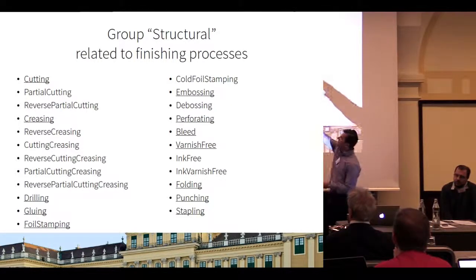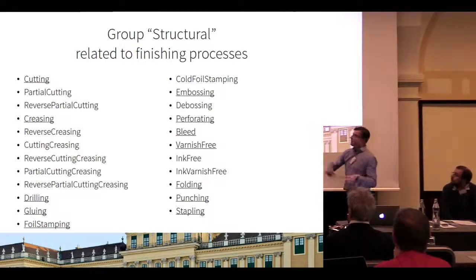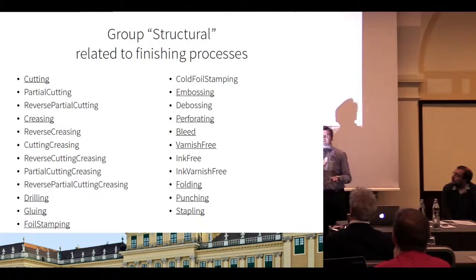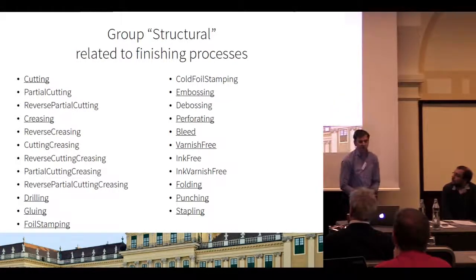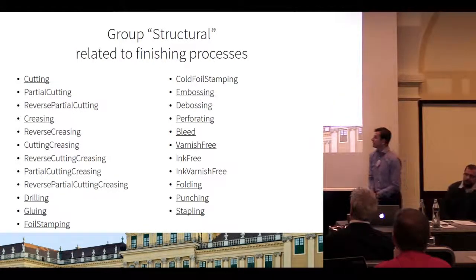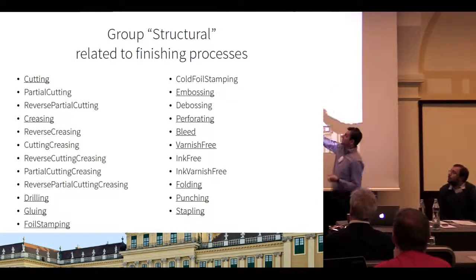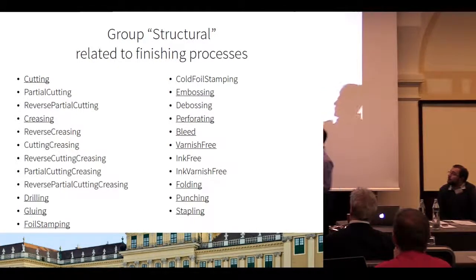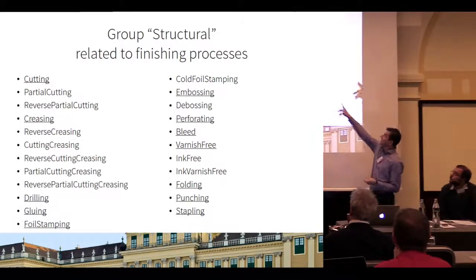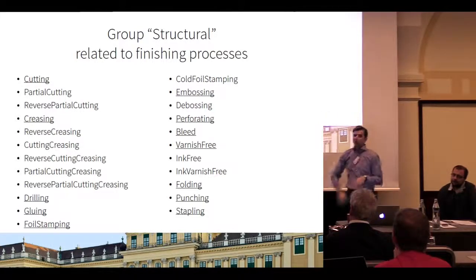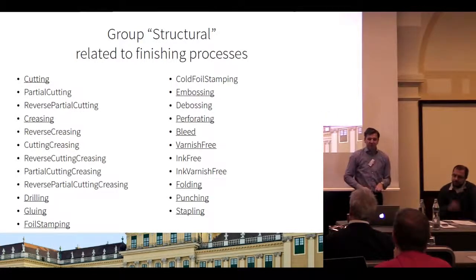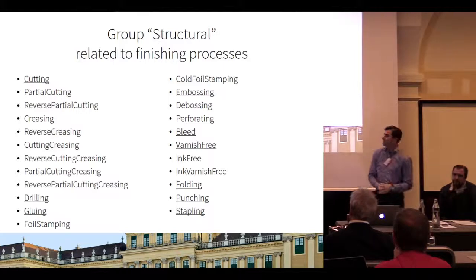I have just underlined a few of them because if I read these, then I pretty much understand what is in my processing steps structural group. There is cutting, creasing, drilling, gluing, foil stamping, embossing, perforating, bleed information, varnish, folding, punching, stapling. So most of it has to do with the finishing process.